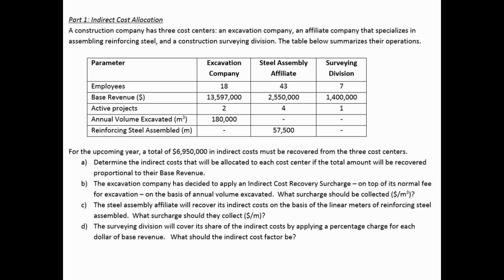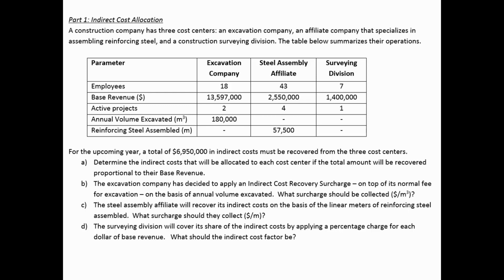We have a construction company with 3 cost centers, as they're called. These 3 cost centers are an excavation company, a company that does steel reinforcing, they assemble the reinforcing, and then construction surveying. And we've got some data for those companies.